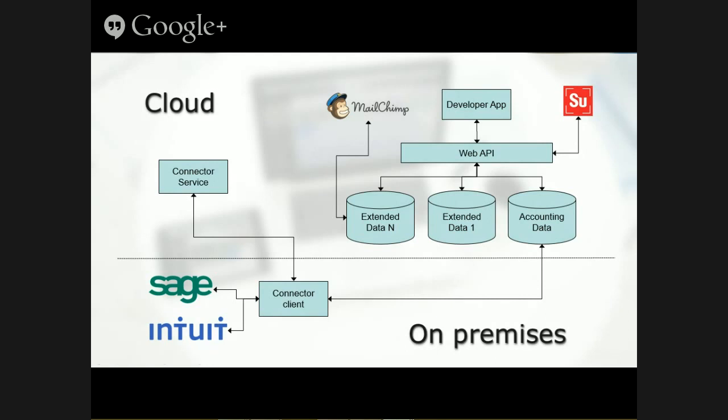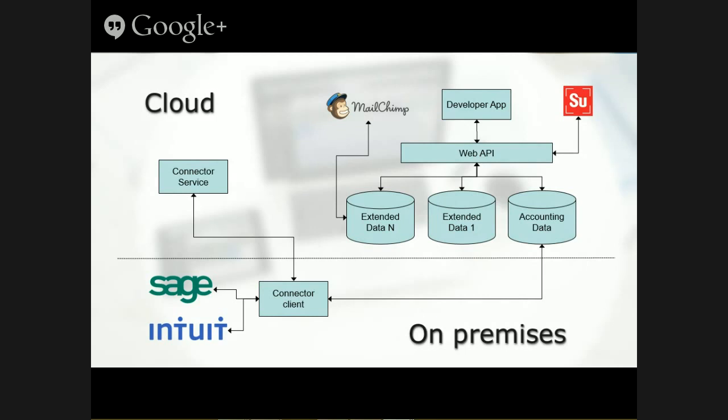Okay. Now, the next question you might ask is, if you're a cloud or mobile app developer, why would you bother? Why would you bother trying to connect into old or older desktop products that are out there?